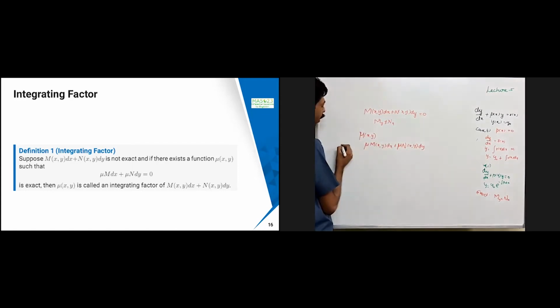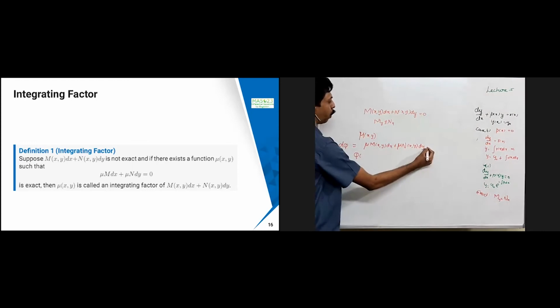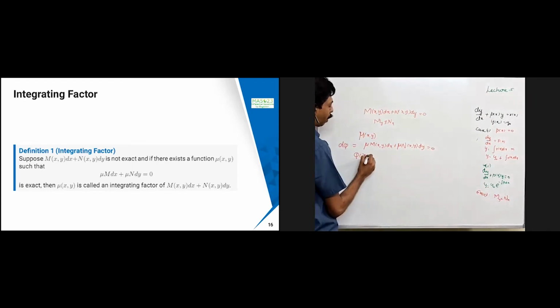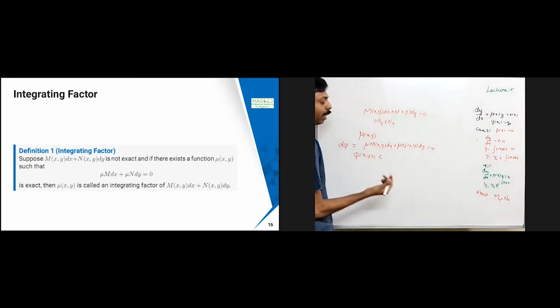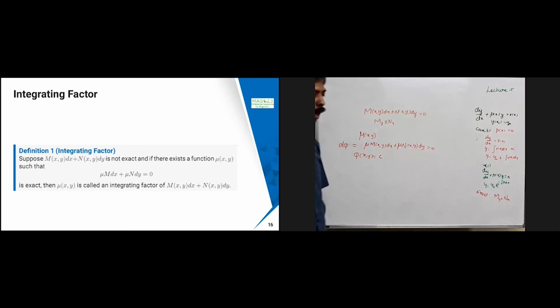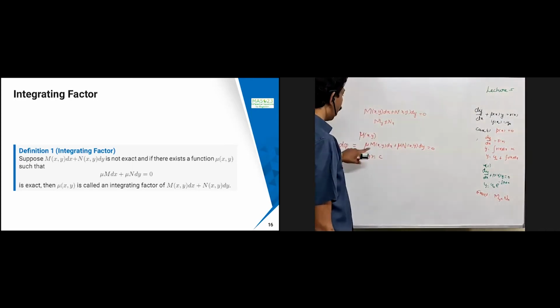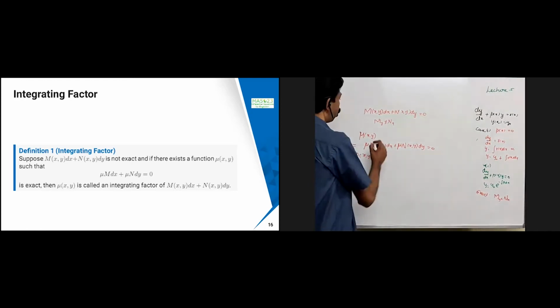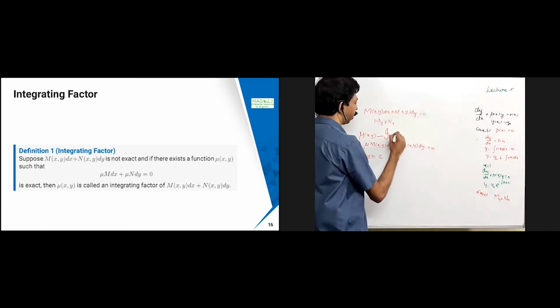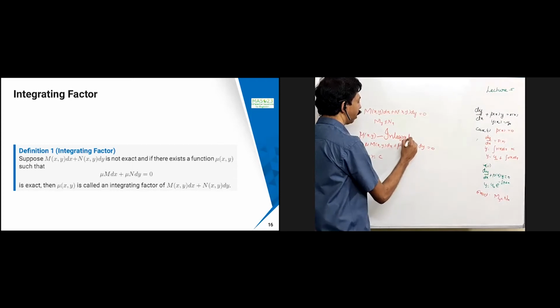Which means I can find some Φ such that dΦ is this. Then this is going to become 0, I can write dΦ(x,y) = 0, therefore I can find Φ(x,y) = c. That is the meaning of this. So if I multiply by ν and get this as exact, then this ν is called an integrating factor.